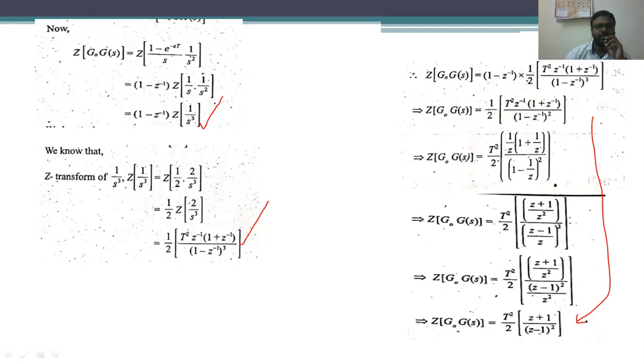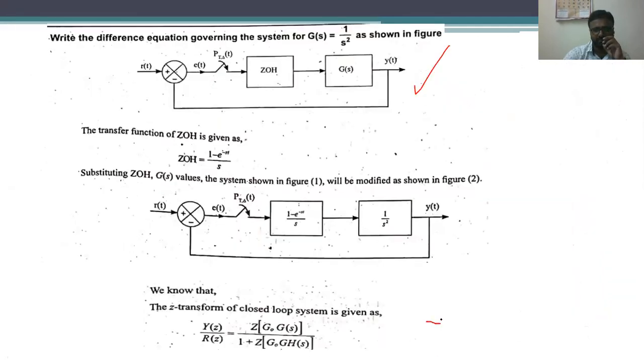Okay. So just substitute the value of z transform of g naught into g of s in this expression.